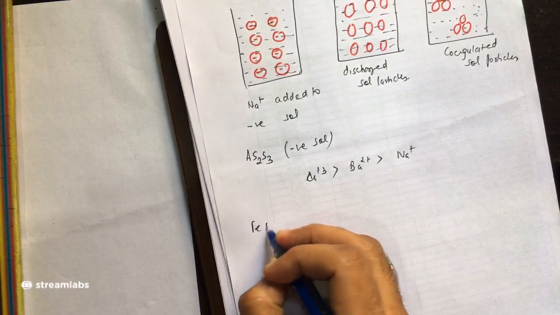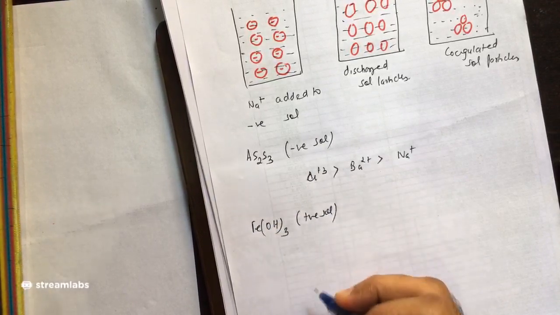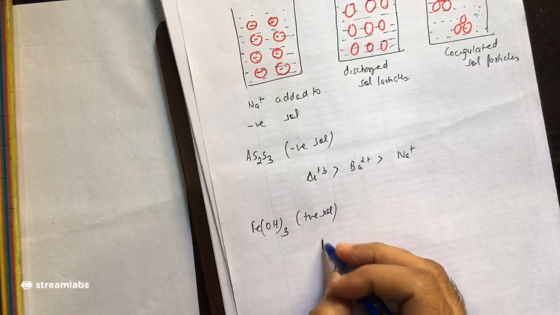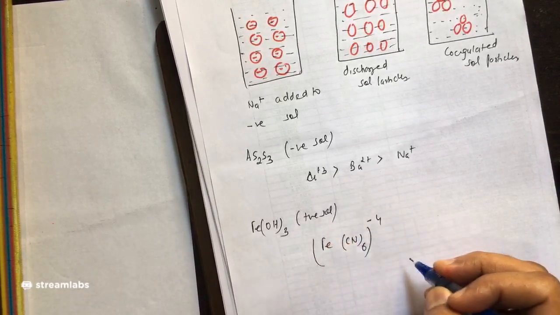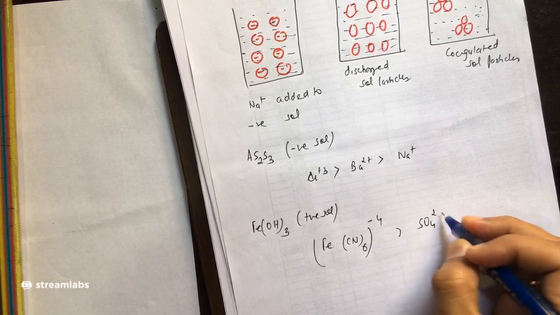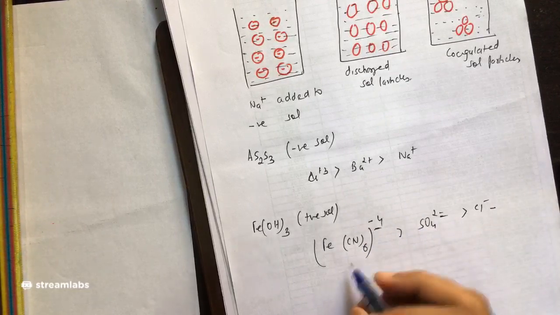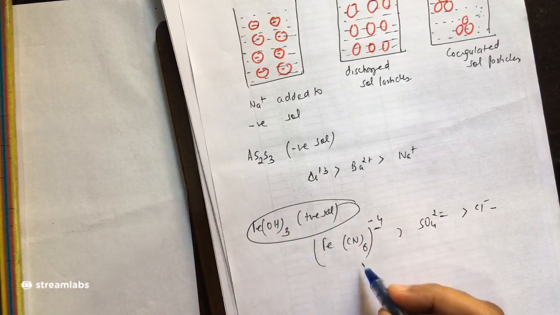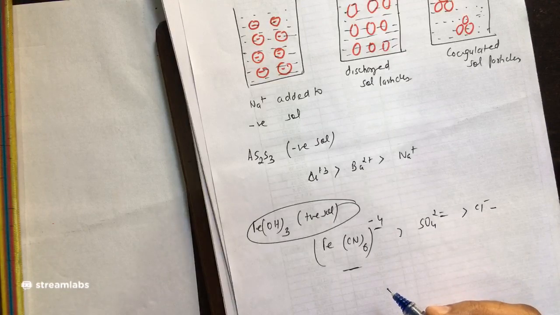Similarly, if you want to precipitate ferric hydroxide, which is a positively charged sol, then the precipitating power of Fe(CN)6 4-, next sulfate, and next chloride, with charges -4, -2 and -1, the one with the maximum charge has the maximum power. This is called the Hardy and Schulze rule.